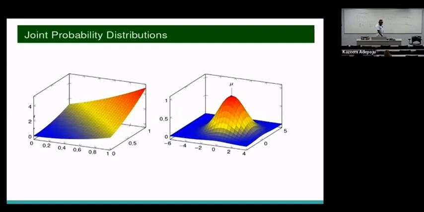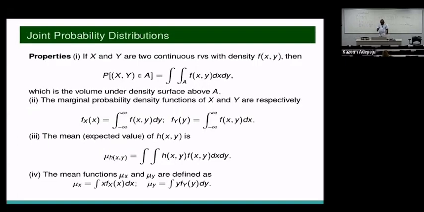Now, I quickly want to move on. I think I walked you through all this yesterday, but the same way that we find the expectation of a linear combination in the discrete case, we can also find the expectation of a linear combination in the continuous case, where the probability function we are using is a joint.